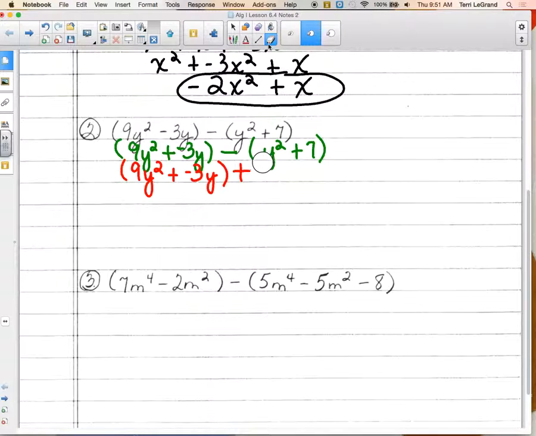And now, when we do change that to addition, every part of that polynomial has to change to its opposite. So it's going to be a negative y squared, and it's going to be a negative 7. The opposite of y squared, negative y squared. Opposite of 7, negative 7.